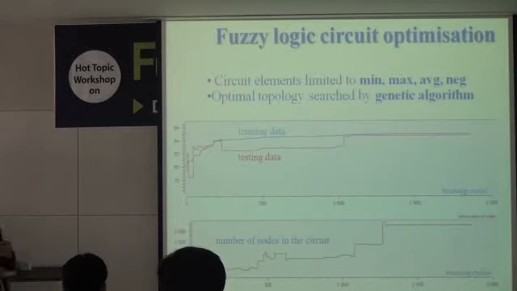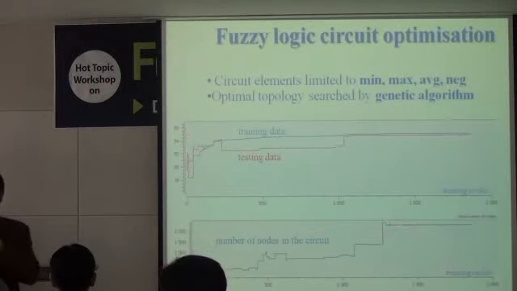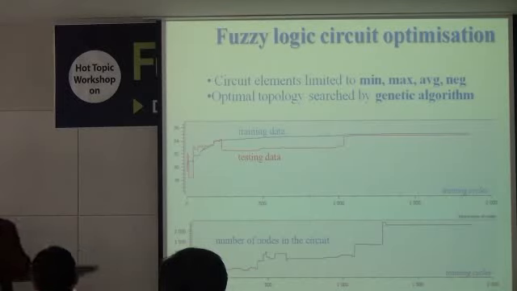But if we train the network and add new elementary functions to the network, then we can reach higher accuracy, and we see that we obtain a decrease of 6% in error with 2,000 elementary functions. Then it is really a massively parallel network in which we have 2,000 elementary implementations of fuzzy logic functions.